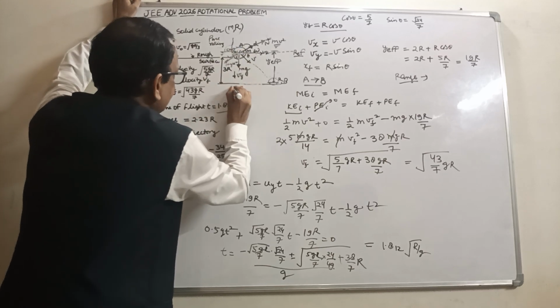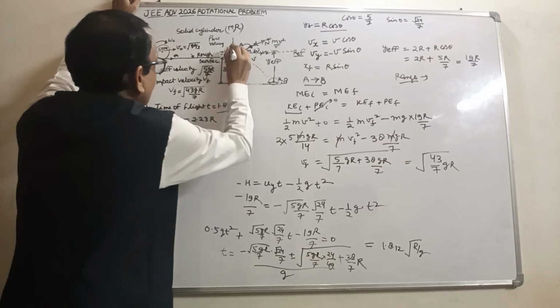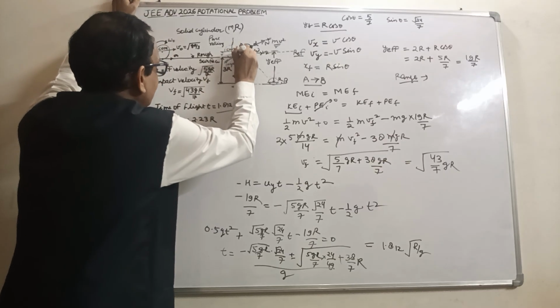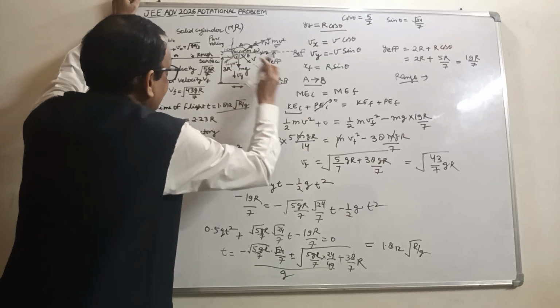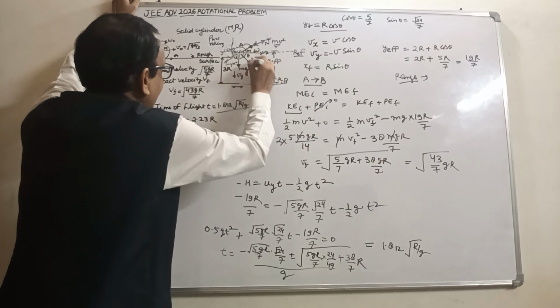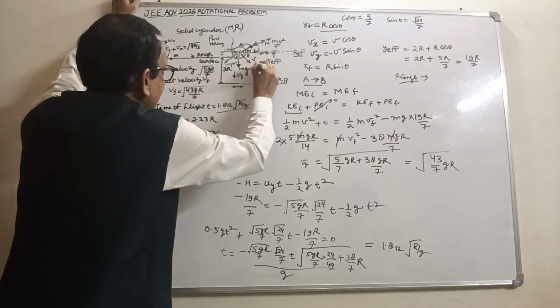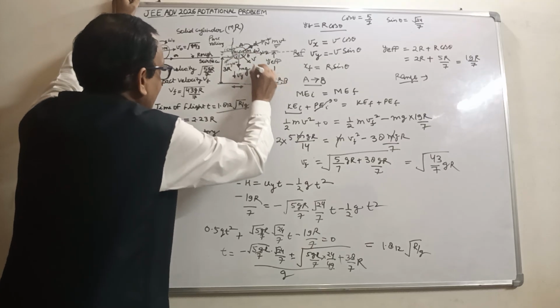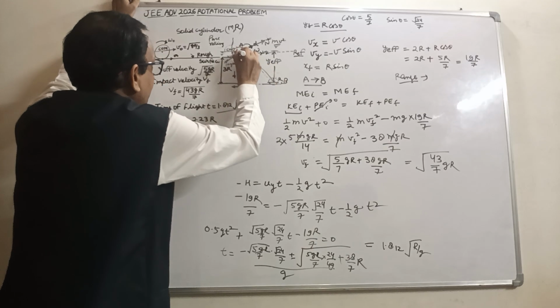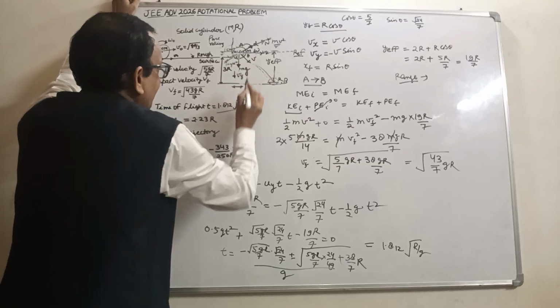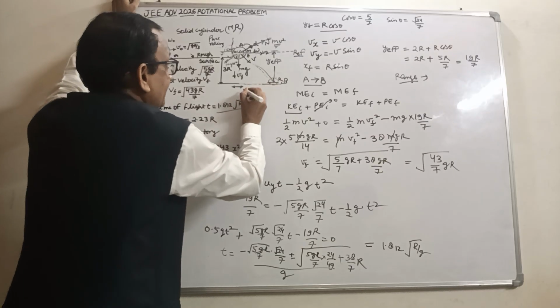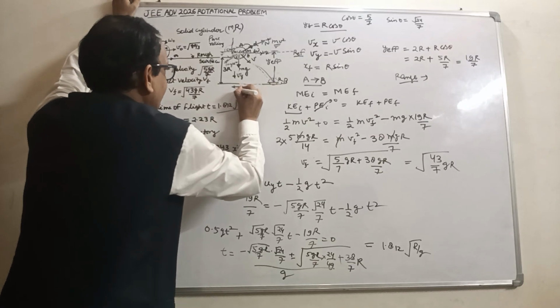This distance is also added here, because the center of mass moves from here to here, and this is an addition. Then the projectile motion starts from here to here, but horizontally there is also this displacement, suppose xf.